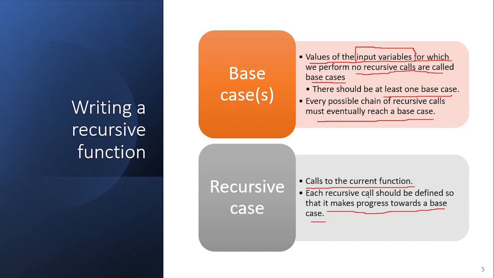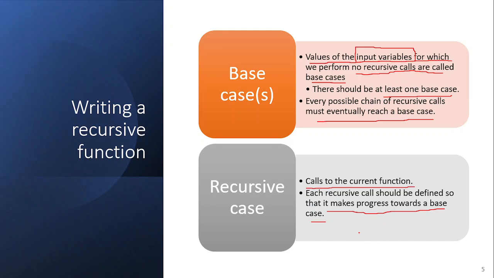If it goes towards the base case, you will have a program that executes in a finite amount of time. If it goes away from the base case, then you will have a program that theoretically executes indefinitely, and practically it would lead to a crash of your program. So at runtime, your program will crash at some point.